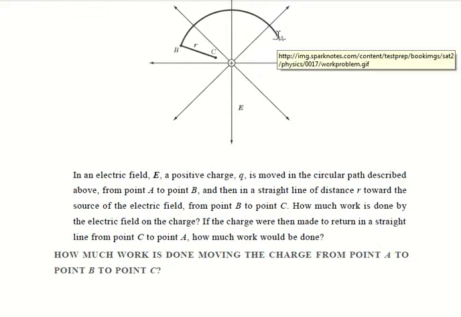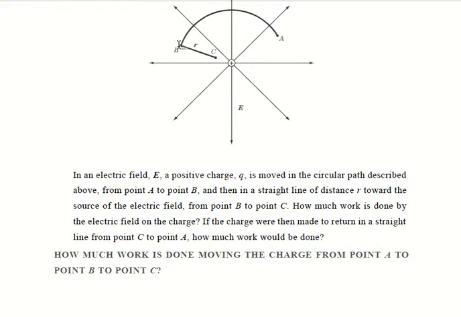Alright, well let's look first at A to B. So first we want to figure out what is the work done moving from A to B. So let's check out this picture. From A we come around, we hit the first electric field line at a 90-degree angle. So we're moving perpendicular to that first one.